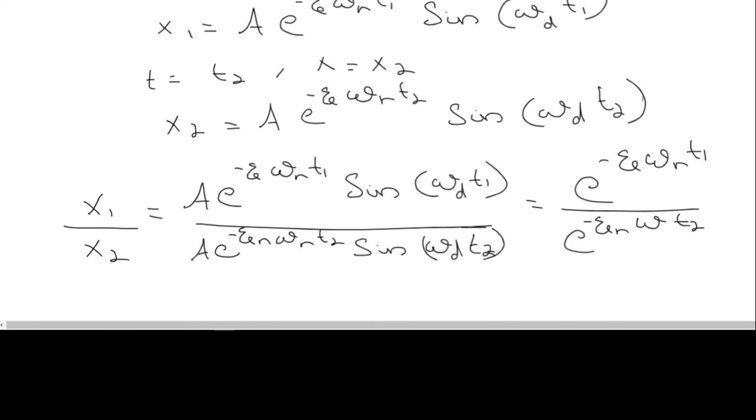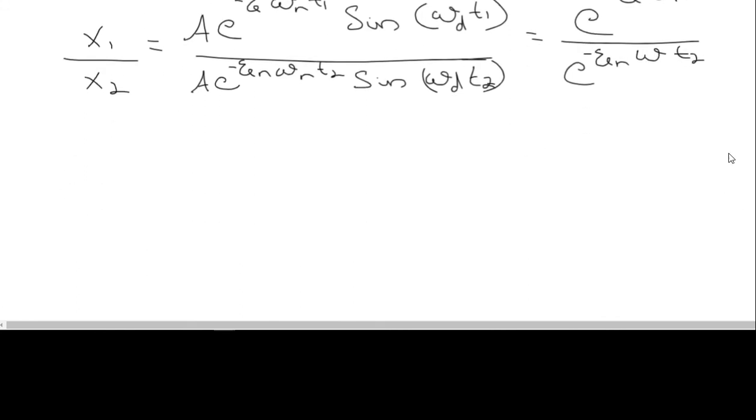Taking t1 and t2 as very small intervals, the sine will be the same, since the change in the sine function is negligible for a small interval of time. So we will cancel the sine, and A is cancelled.